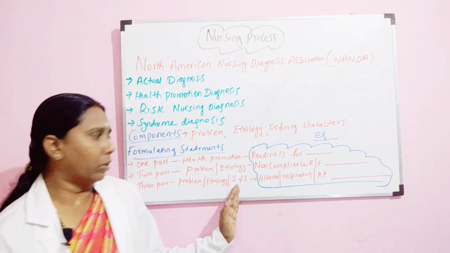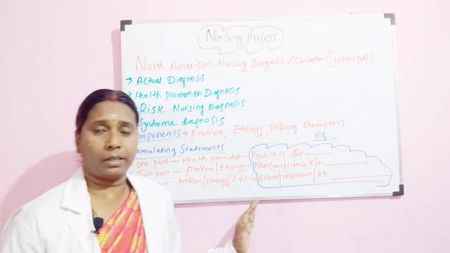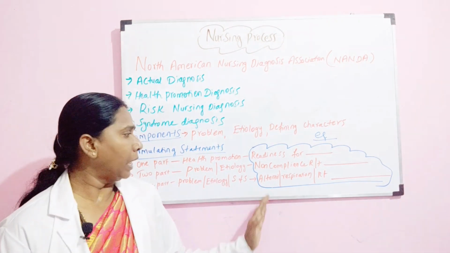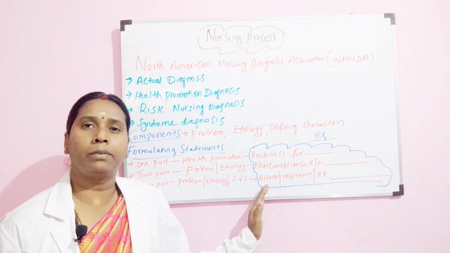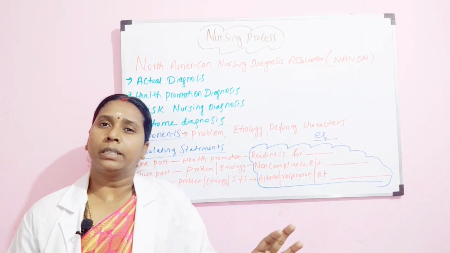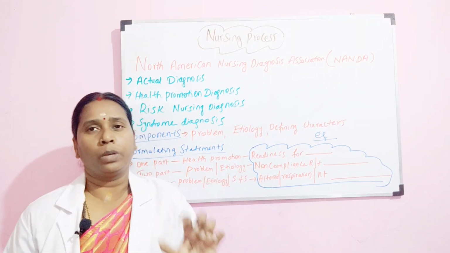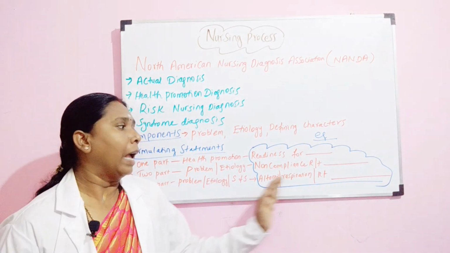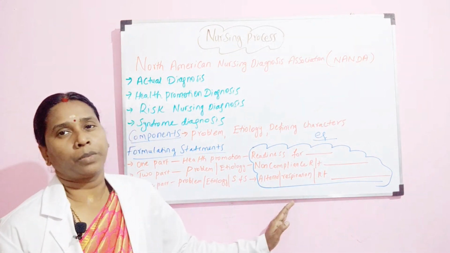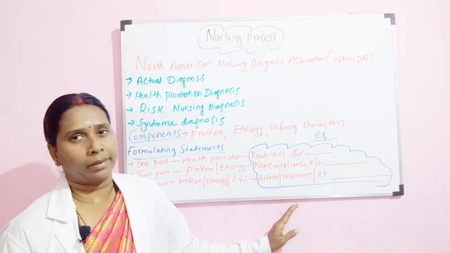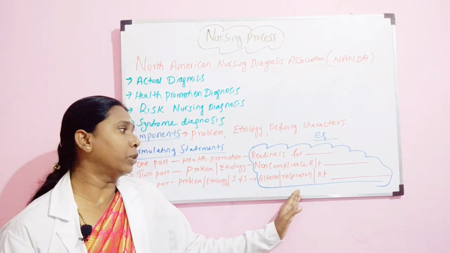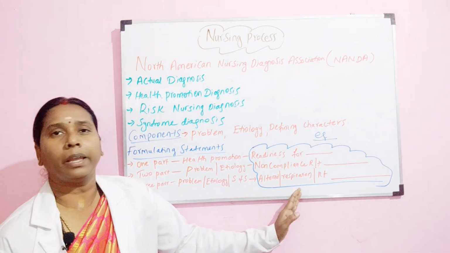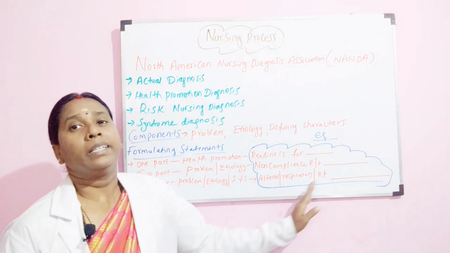Okay, so whenever you get a three-part statement, the first part will have characters like altered, ineffective. So those areas come as altered. And then comes the problem. Problem is in which area? So it is the problem related to respiration. So your etiology comes from the area of respiration, related to.